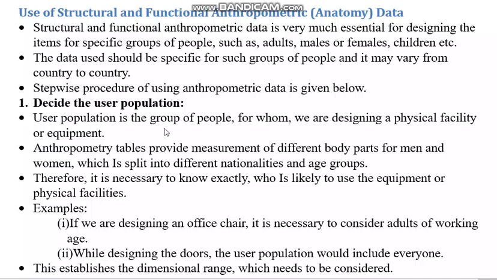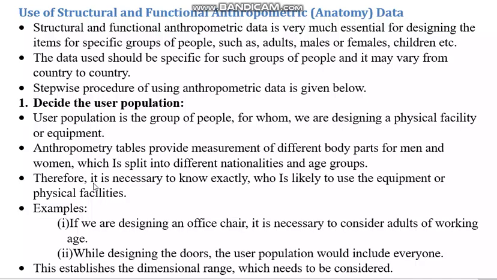User population is the group of people for whom we are designing a physical facility or equipment. Then anthropometric tables provide measurements of different body parts for men and women, split into different nationalities and age groups. This data is available, and from that you will be able to collect it.